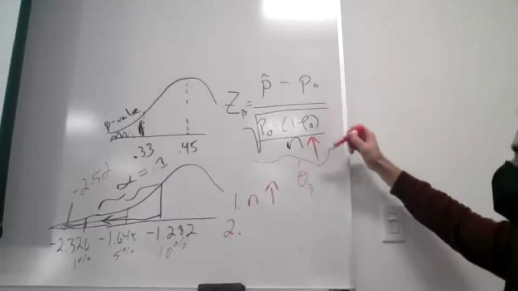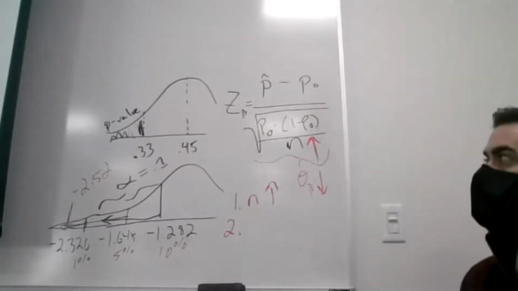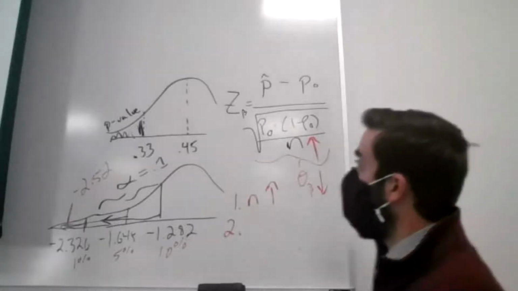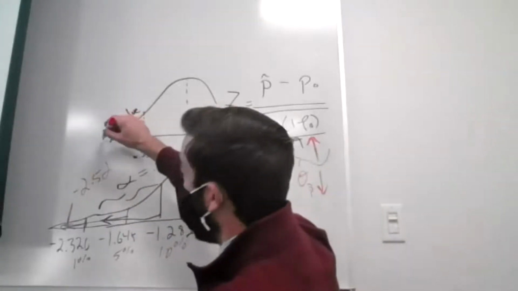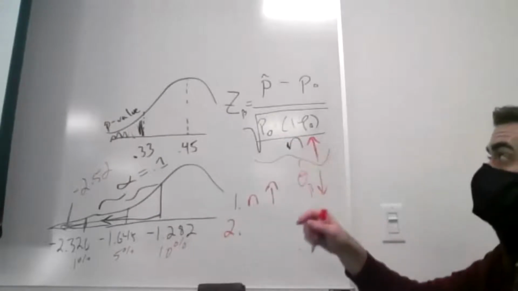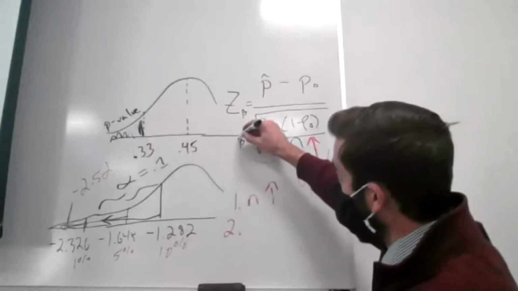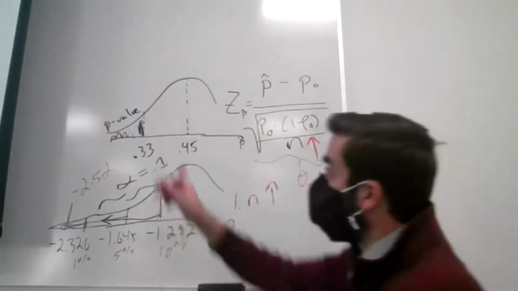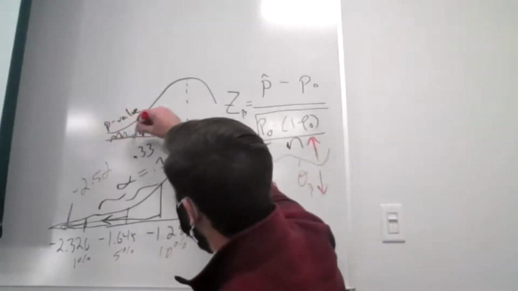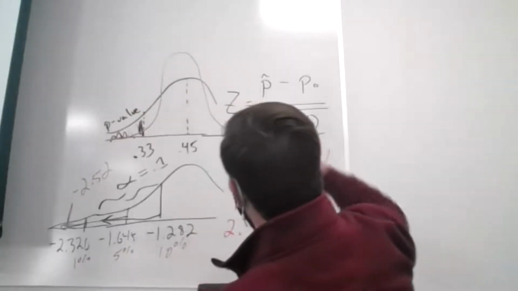It goes down. Yeah, right? It's actually going to go down, which is what we said. If we have a lower standard deviation or a lower variance for our sample proportions, remember that's what this distribution was for, it's going to become more peaked. So it's going to look something like this, right?